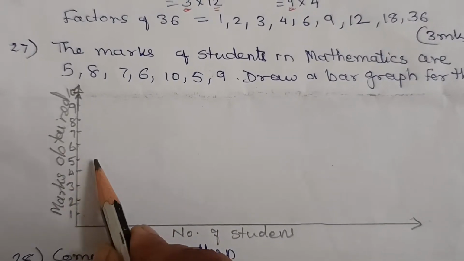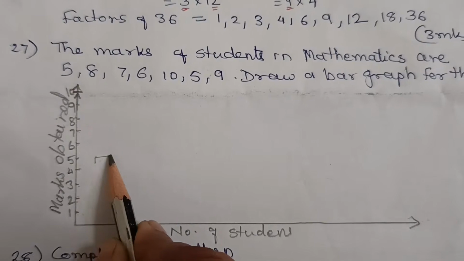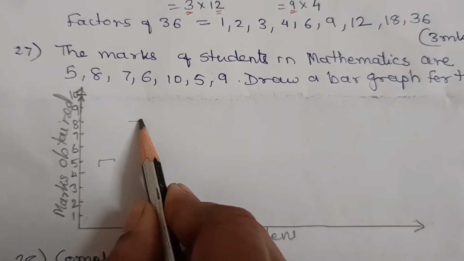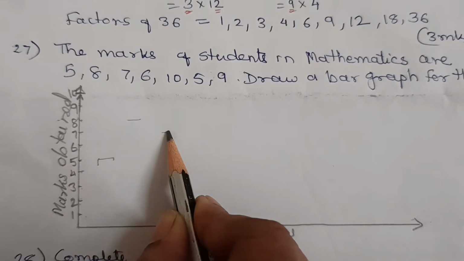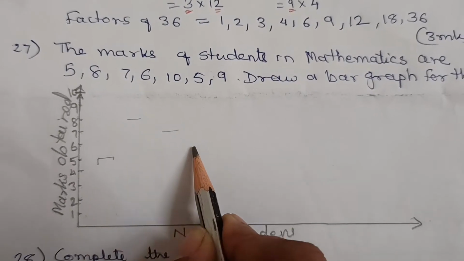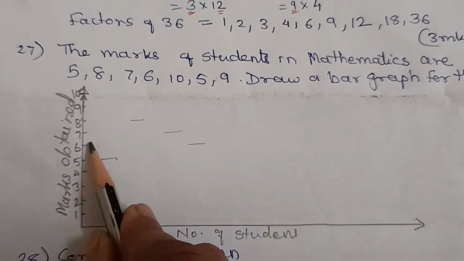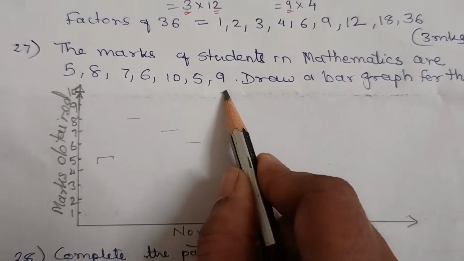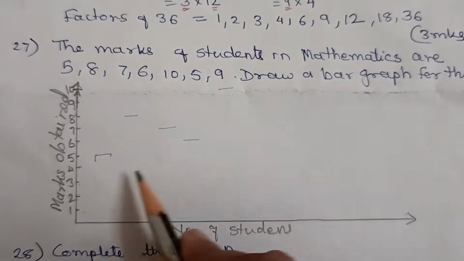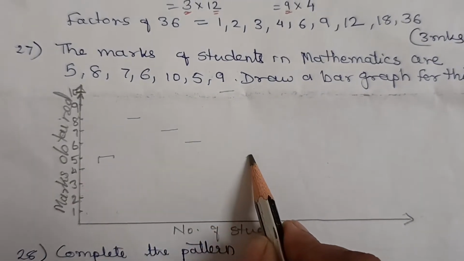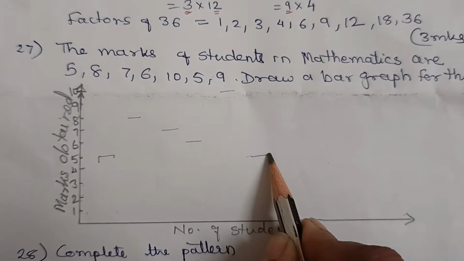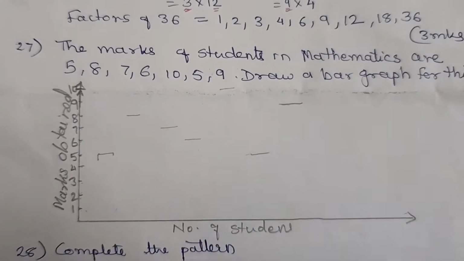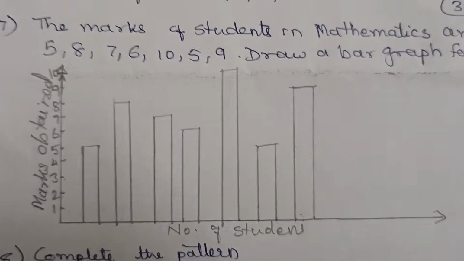First one student got 5 marks, second got 8, third 7, fourth is 6. From here you have to draw. Then one got 10, next is 10, and next one more student got 5, and the last one got 9 marks.